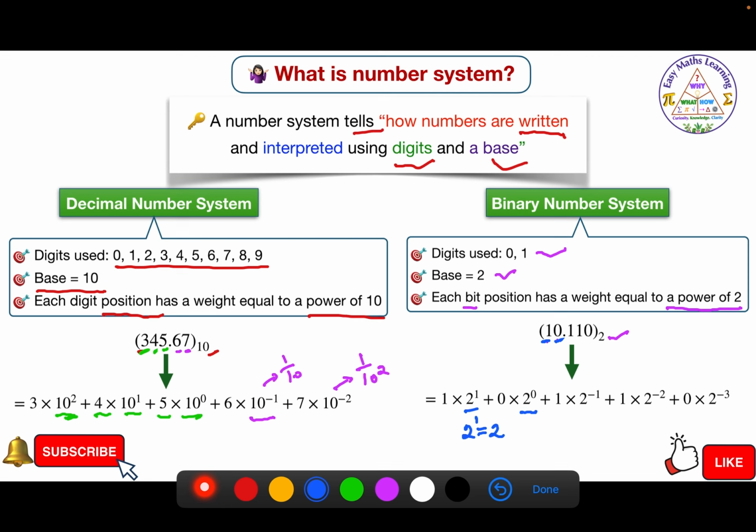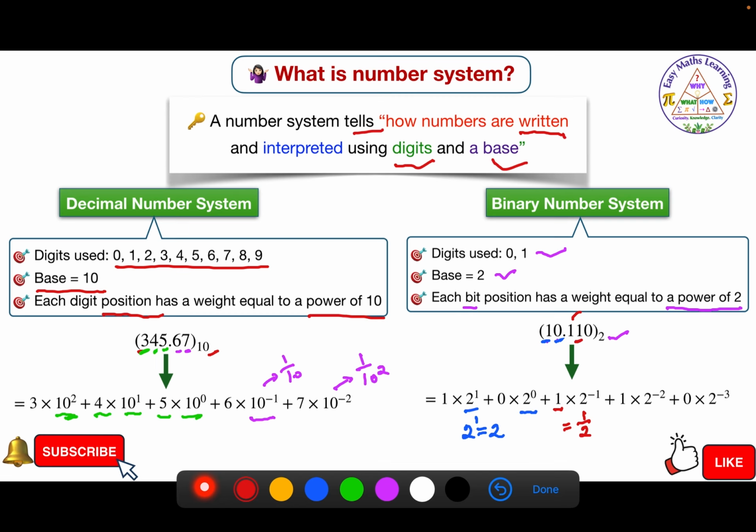Okay, now after decimal point, if we talk about this digit 1, so weight for 1 is 2 raised to the power minus 1, which is 1 by 2. So we can say half.